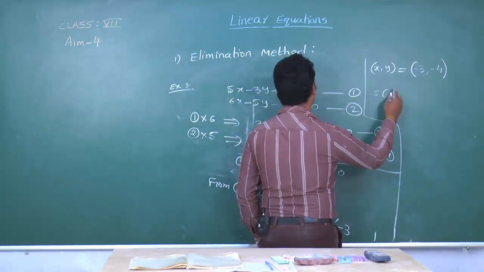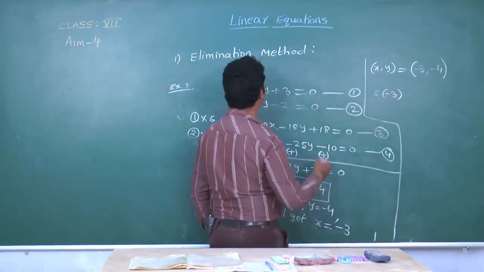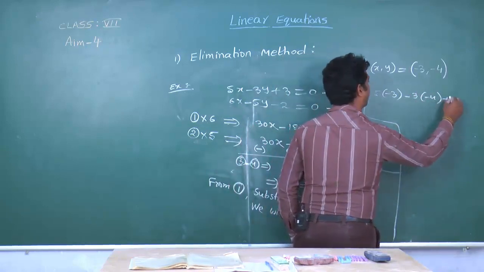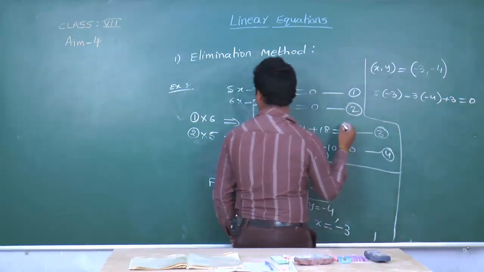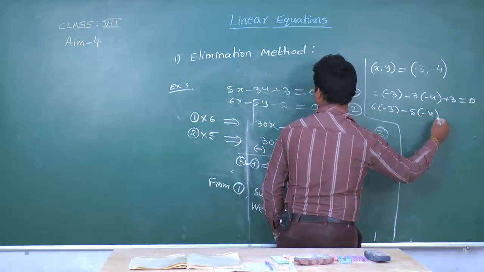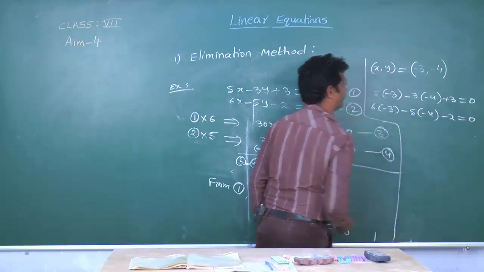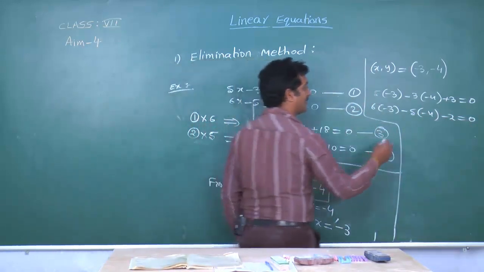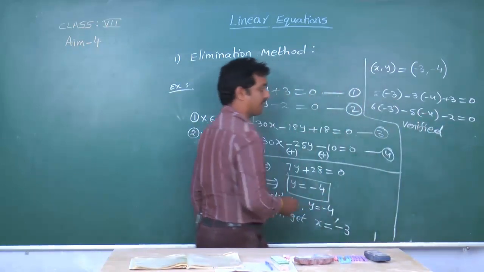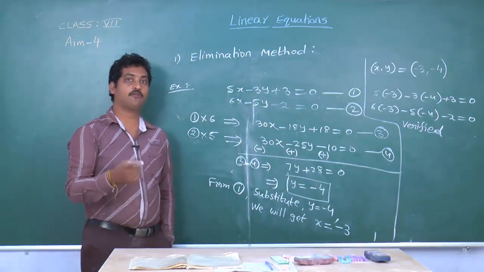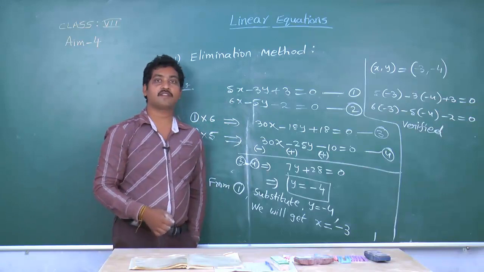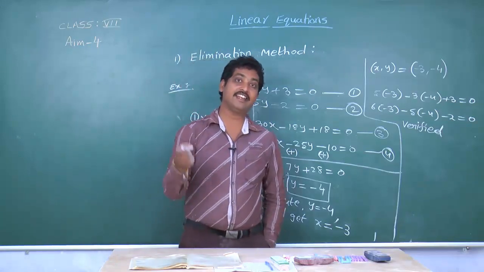Substitute 5 into minus 3 minus 3 into minus 4 plus 3 is equal to 0. 6 into minus 3 minus 5 into minus 4 minus 2 is equal to 0. Verified. Verified. These are the steps we have to follow for solving a system of simultaneous linear equations in the elimination method.